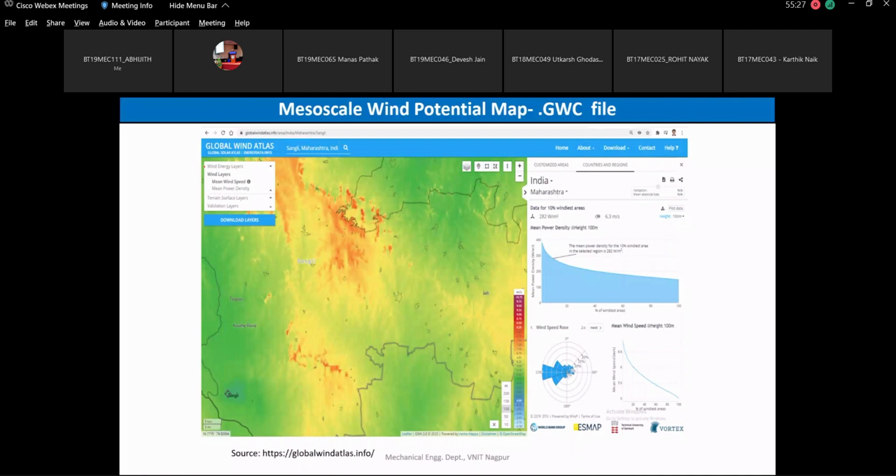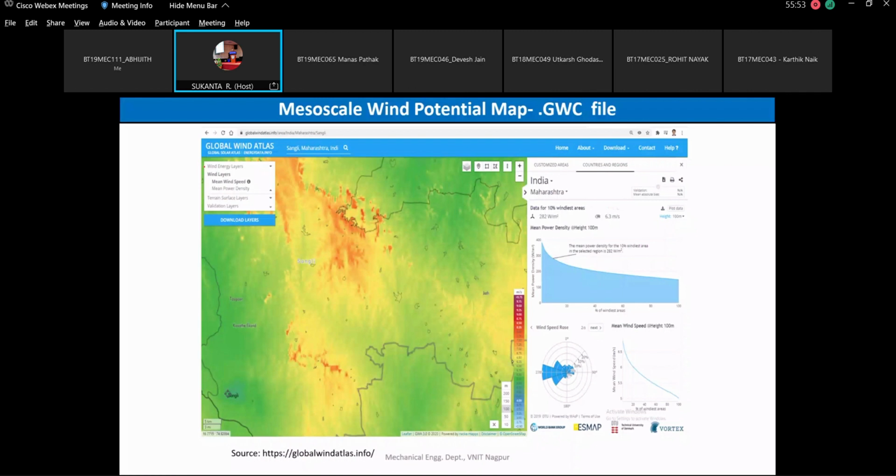This site will give the wind power density, that is, how much energy can be produced from 1 square meter area, and what the wind speed is over there. Then this is known as the windrose diagram.